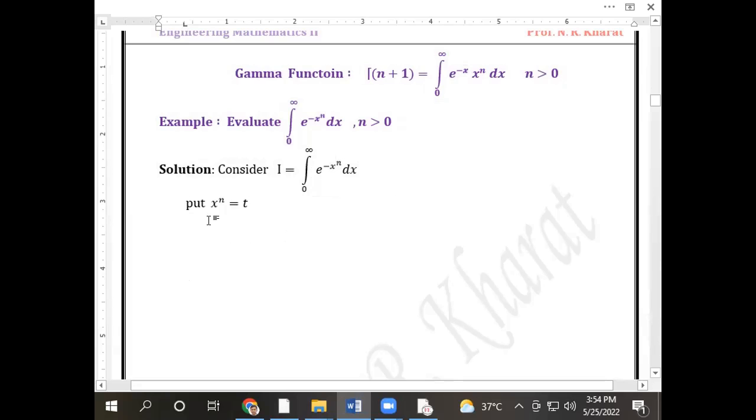So taking 1 upon nth power on both sides, x is equal to t raised to 1 upon n. Then we differentiate on both sides.